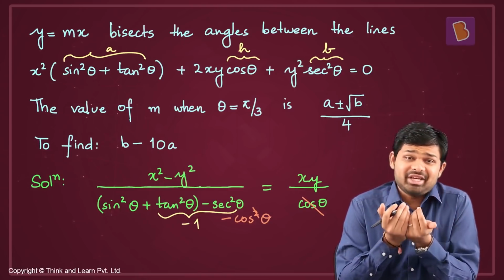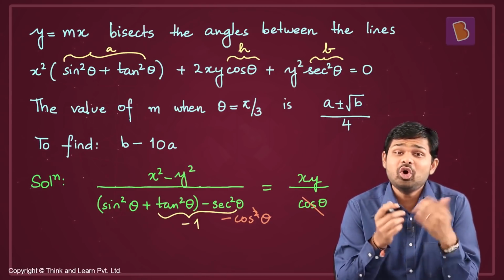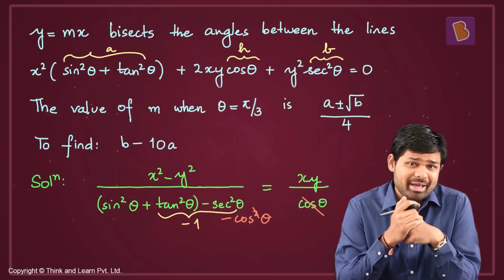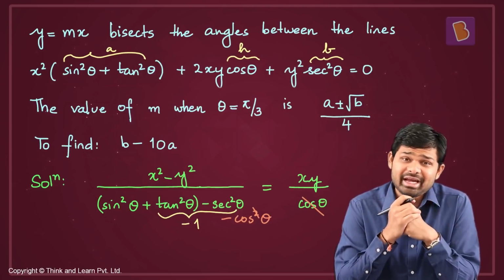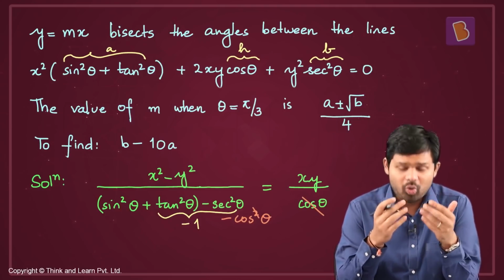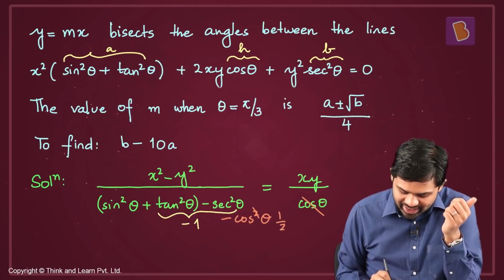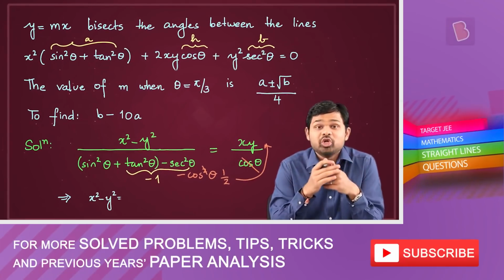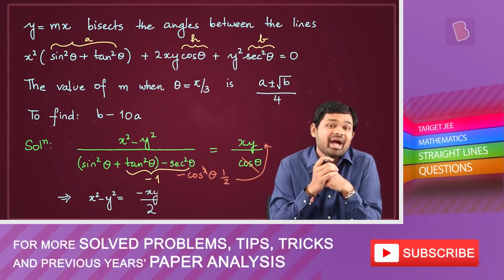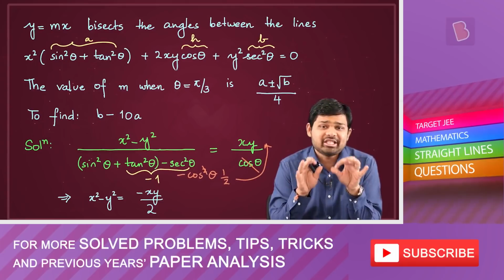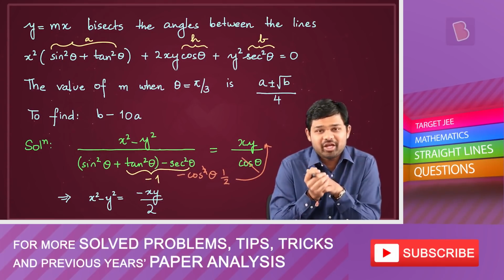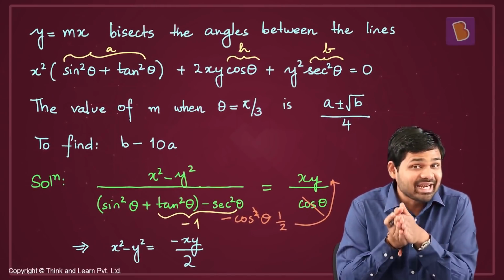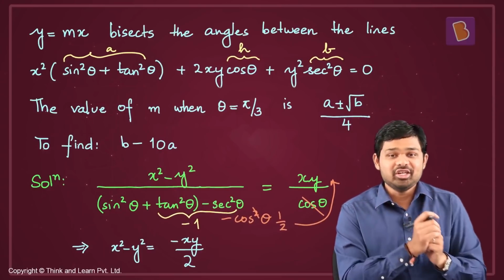The value of theta that we are interested in is equal to pi by 3. So cos pi by 3 is nothing but half. So what happens is the value here is half. I take it to the right hand side and I get x square minus y square equal to negative xy divided by 2. So this is the joint equation for the pair of straight lines which are the bisectors of the two given straight lines.